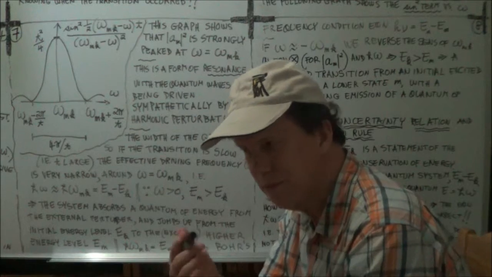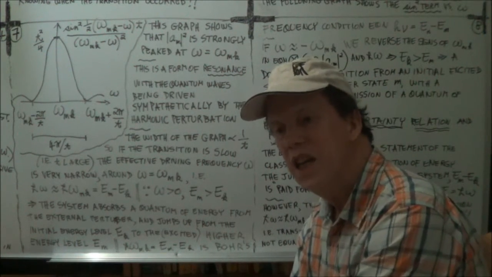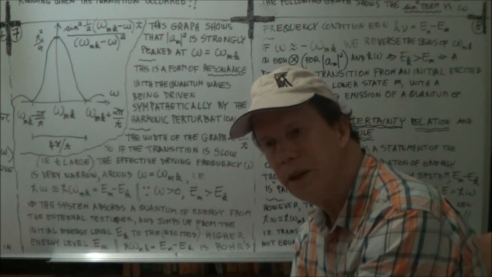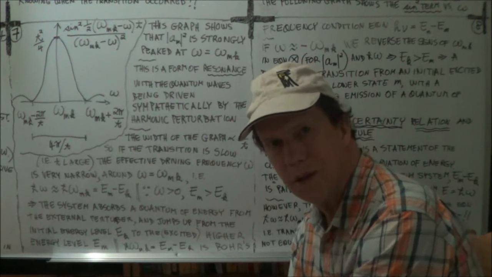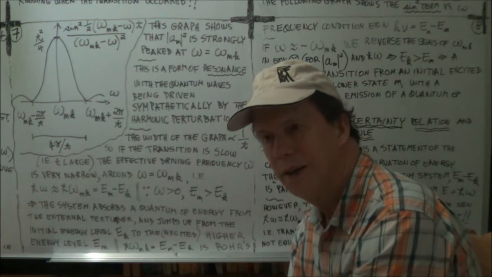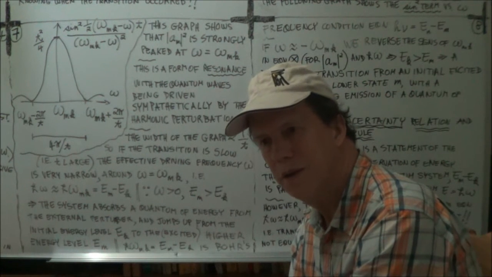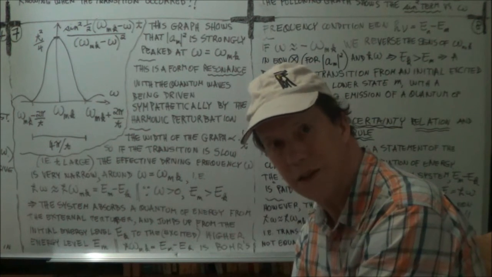We did that. And then in general, for any two incompatible observables, A and B, incompatible meaning you can't measure both of them at the same time to infinite accuracy, we derived an expression that was also a product of two standard deviations.